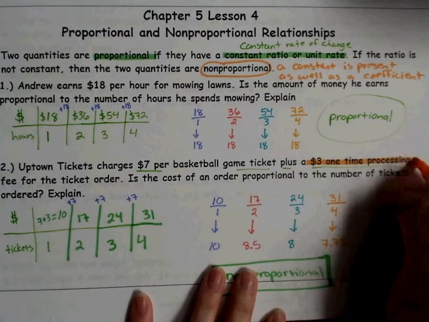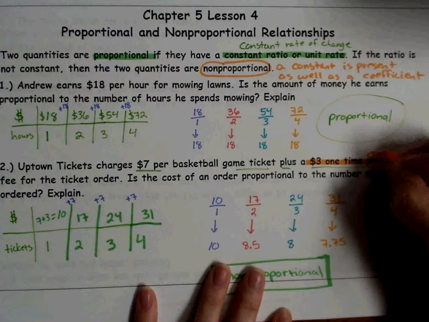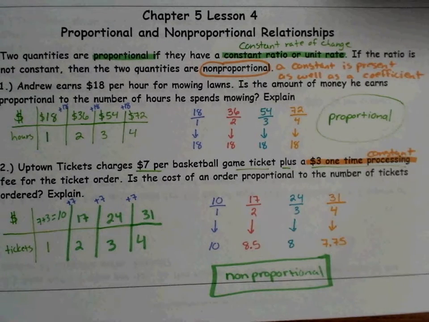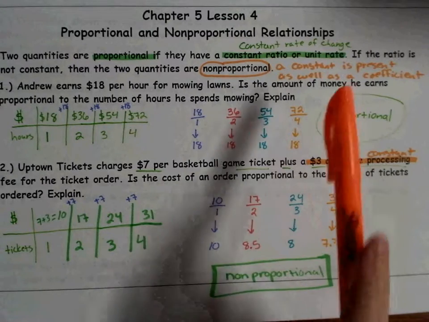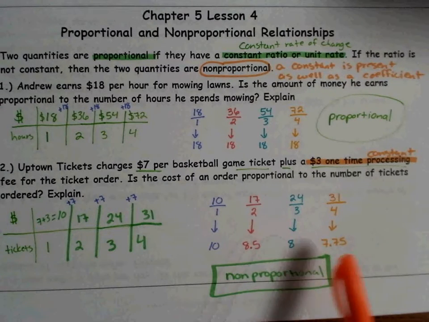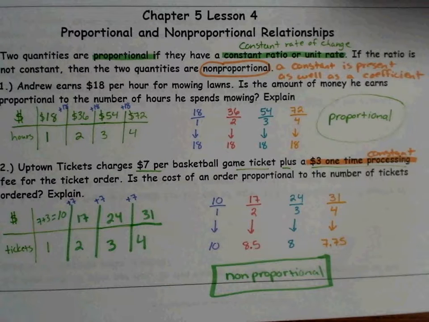Okay, so here that $3 one-time processing fee, that was a constant. It was a one-time occurrence, and that creates a non-proportional relationship. Because even though you do have a rate that you're increasing by over and over again, that one-time value throws it off so that it's no longer proportional.